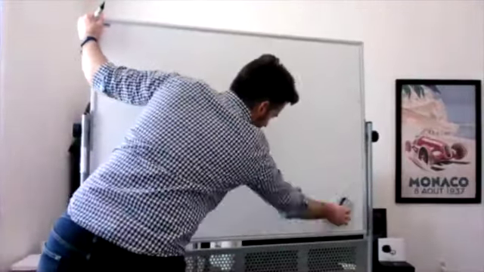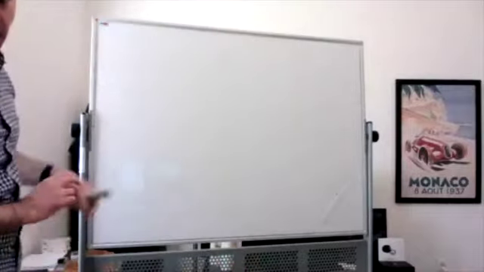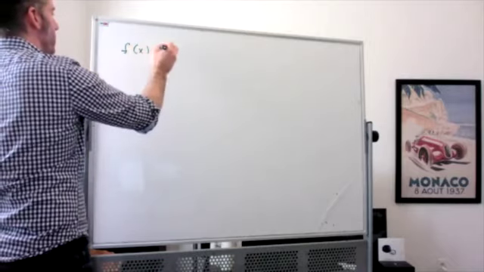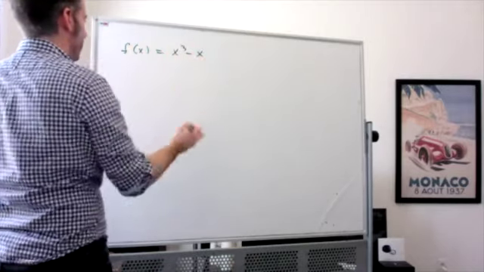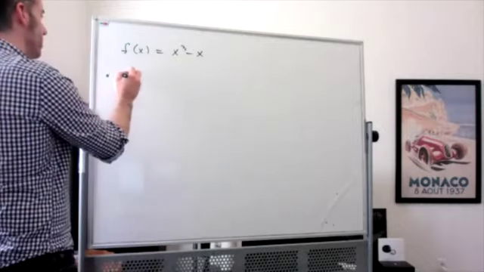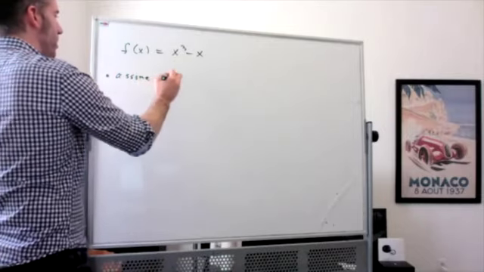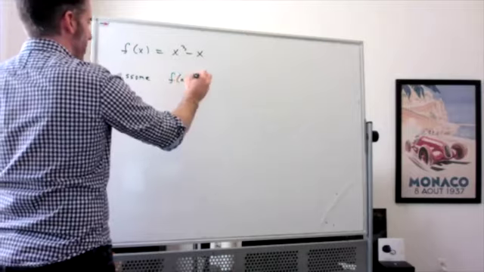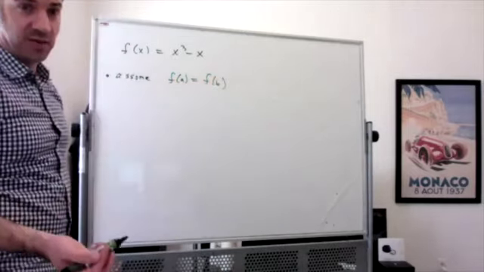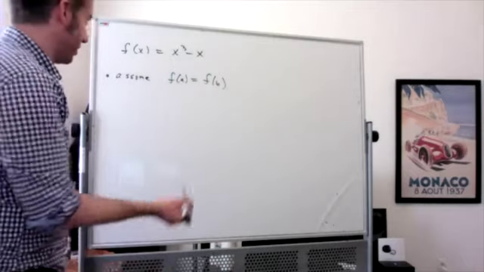The problem with this one is it might be hard to do in any of these ways, actually. So f of x equals x cubed minus x. Let's try what I think is the most normal way, which is to assume f of a equals f of b, and then try to get to a place where you can see that a equals b, or that a doesn't have to equal b.